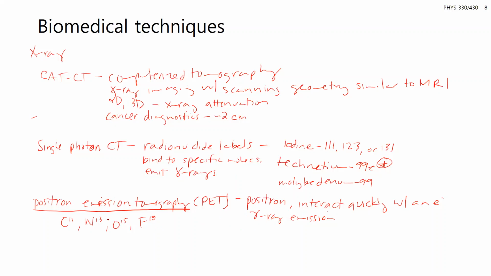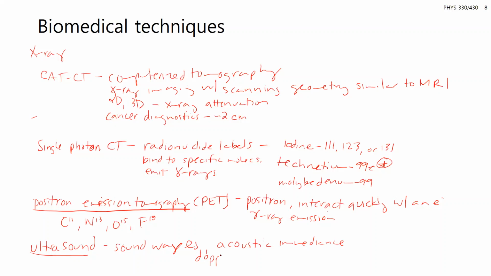get gamma ray emission. And then finally, the last method I want to mention is ultrasound, where you're using sound waves and you're measuring the acoustic impedance. And there's many variations and specialties in ultrasound.